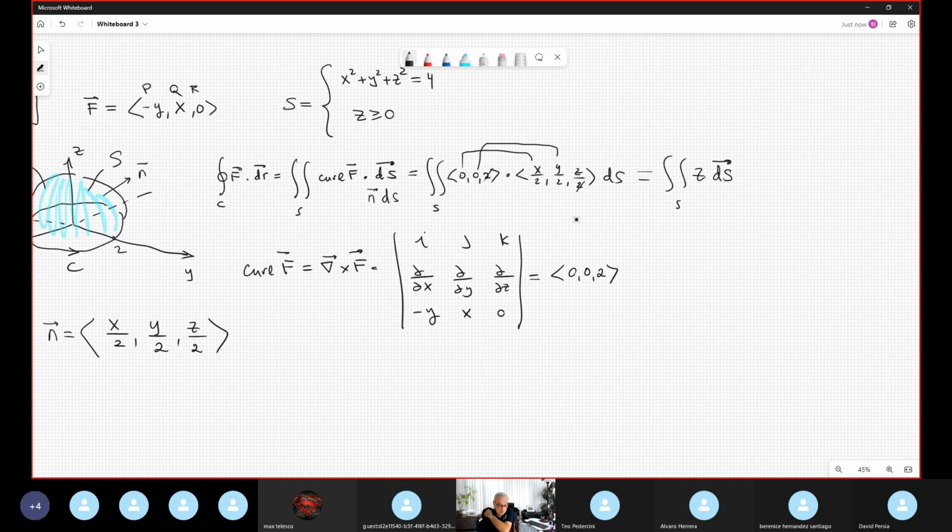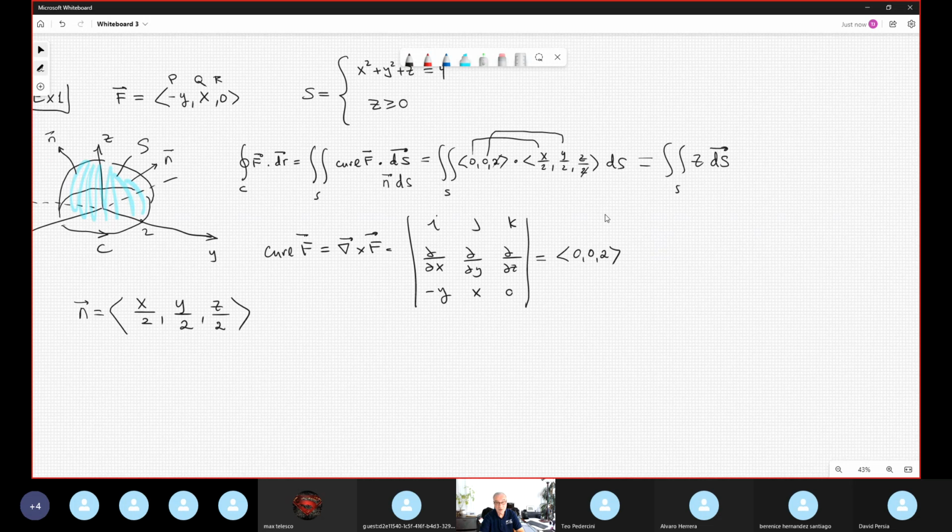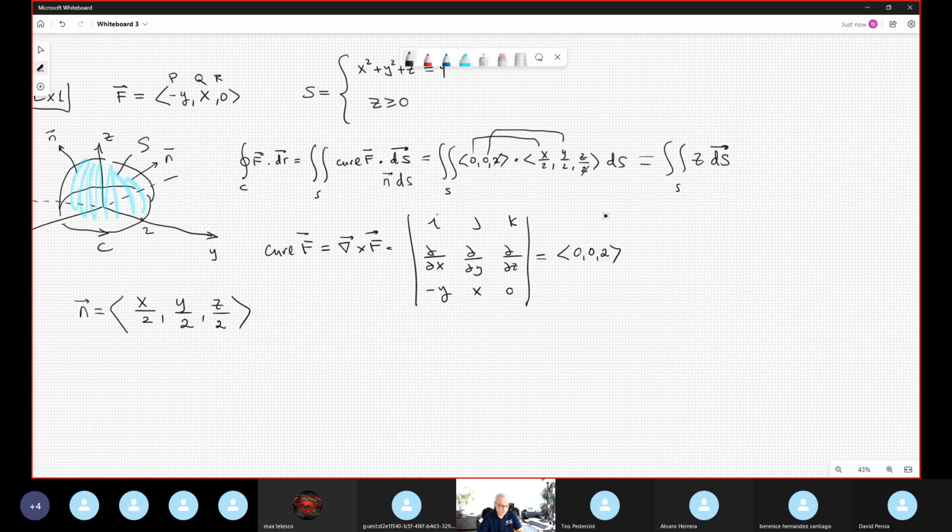And this is the complicated part here, because I want to parametrize the surface. And the best way to parametrize a sphere surface is using spherical coordinates. So I suppose a vector-valued function depending on the two famous variables that we use in spherical, which are phi and theta.